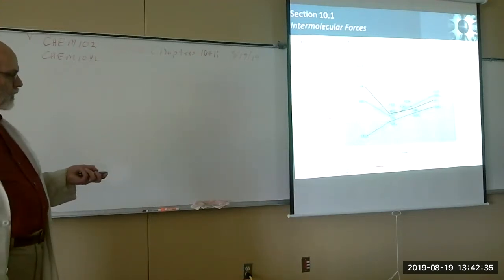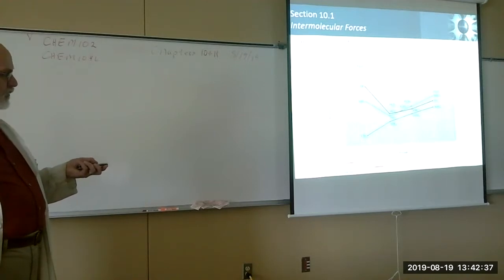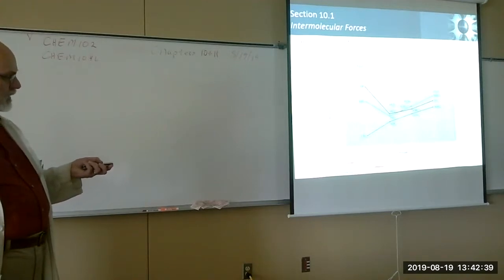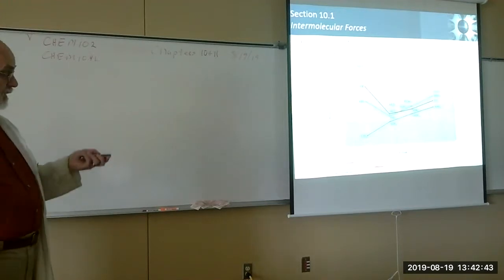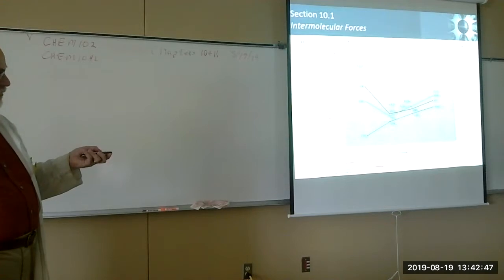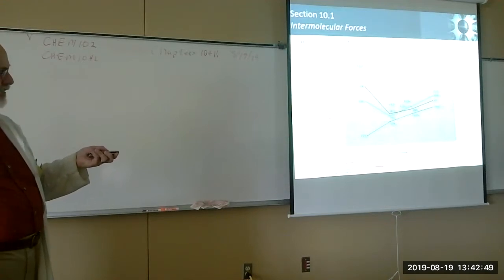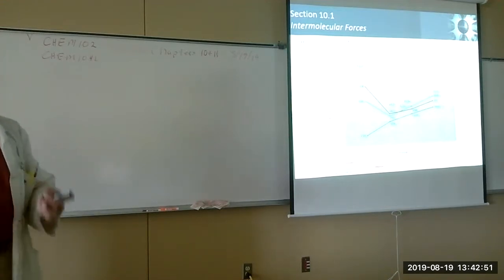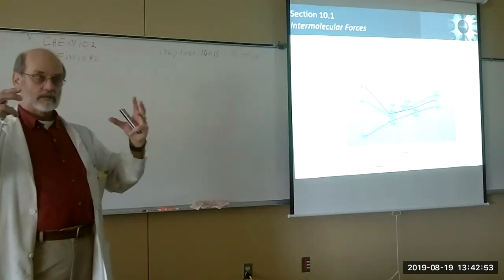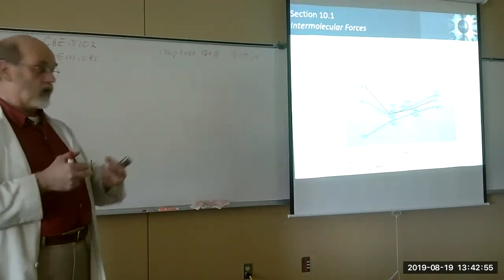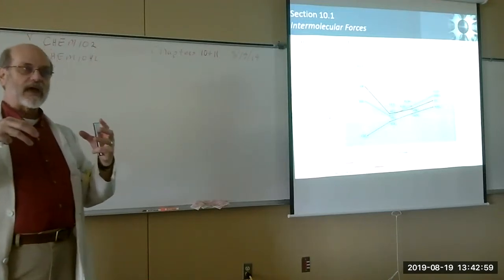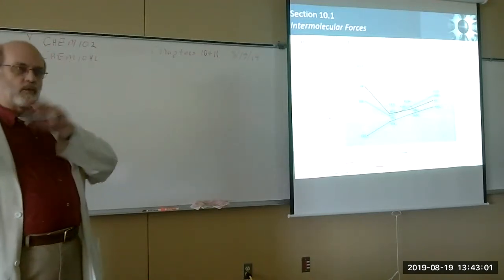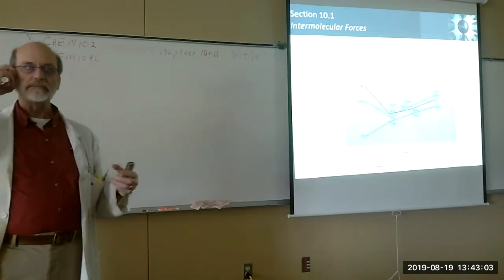So how does that relate to stronger London dispersion forces going from here to here to here to here? Size of the molecule, right? Because silicon is a bigger atom than carbon, and germanium is bigger than silicon, and tin is bigger than germanium. In other words, the larger the molecule, or in this case, the larger the central atom, the easier it is to have an instantaneous redistribution of electron density.